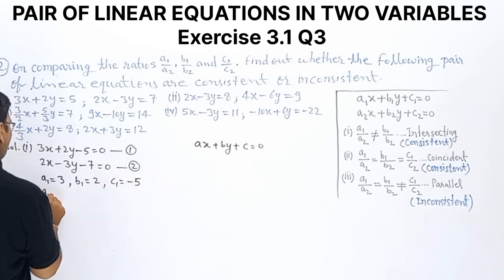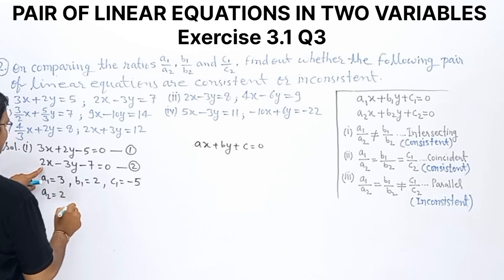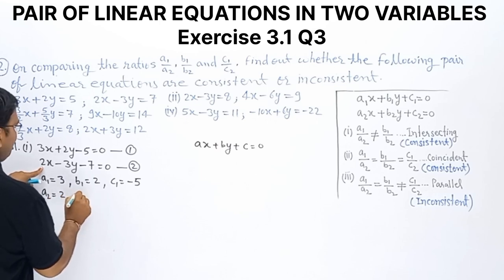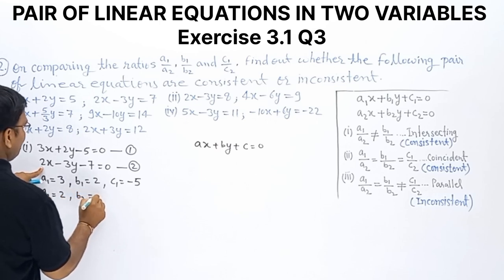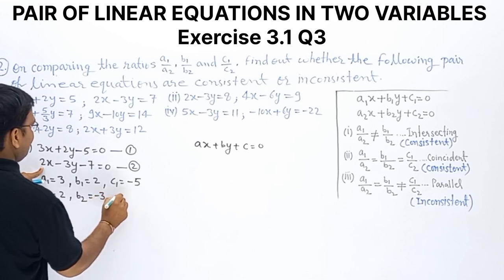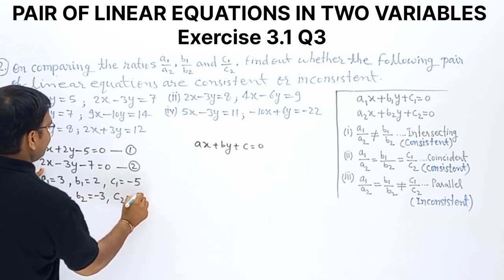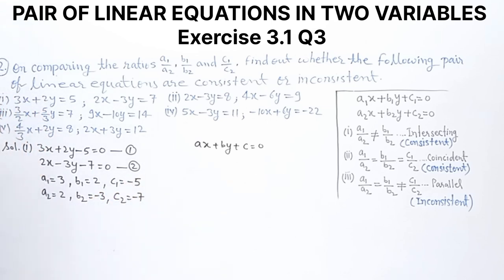Now a2 equal to 2, b2 equal to minus 3 and c2 equal to minus 7. Clear? Once we compare, we get the coefficient values. Then we find the ratios.